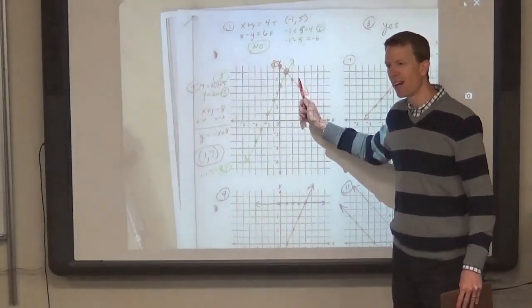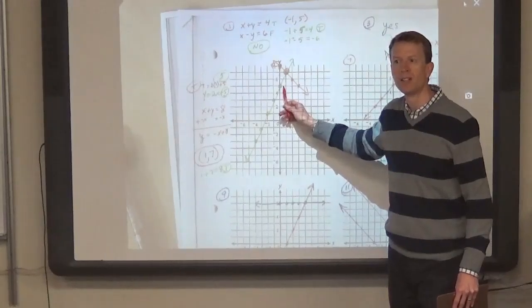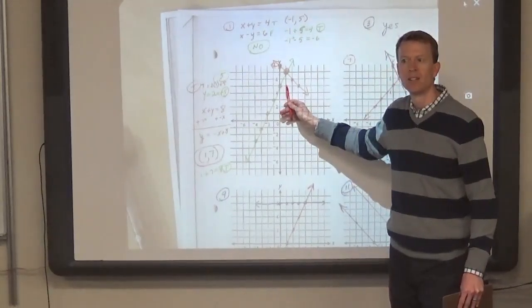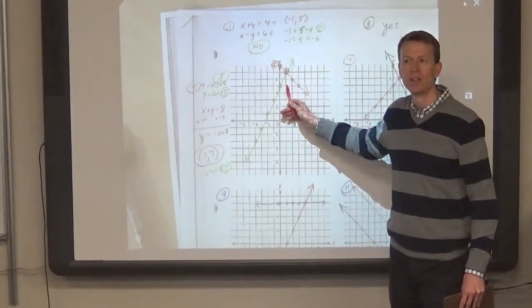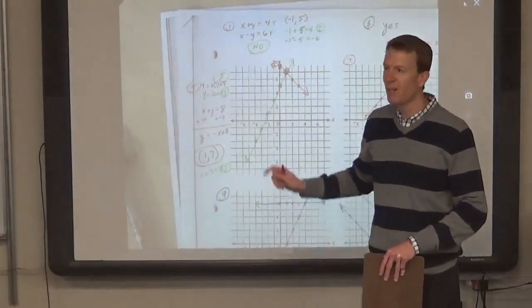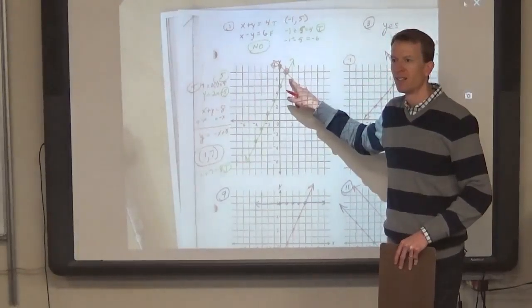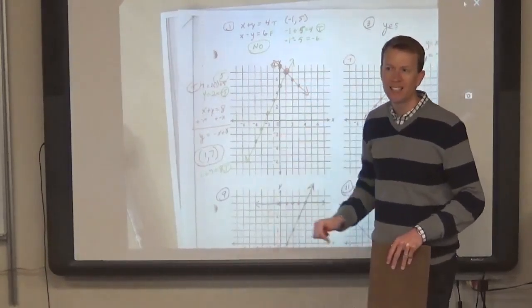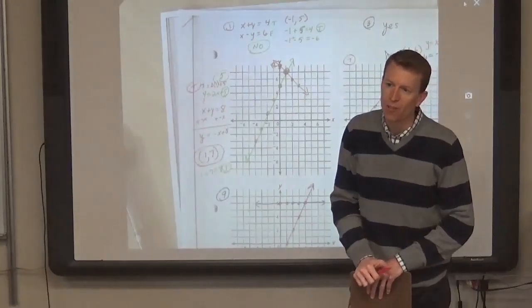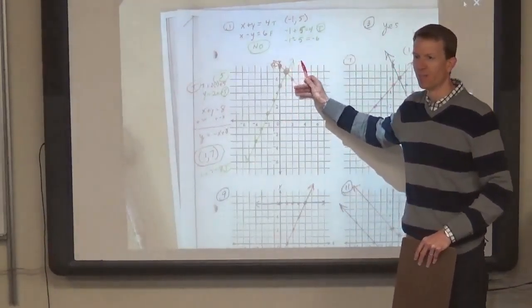How do you write that as a fraction? What is it? You said it before. 2 over what? 2 over 1. So you go up 2 and over 1. Okay?